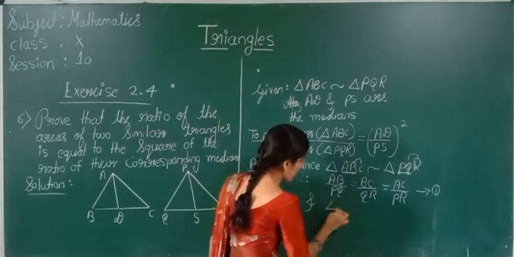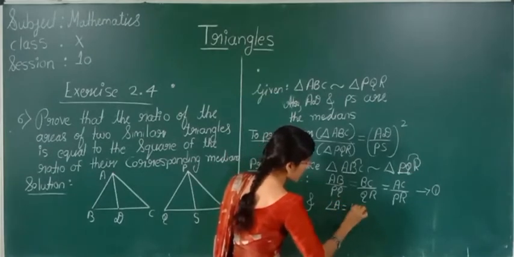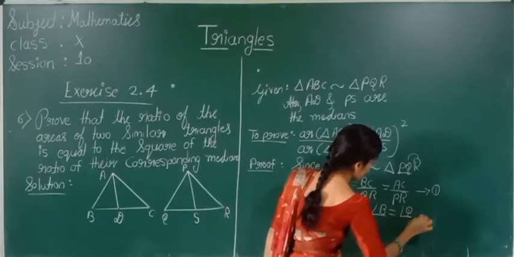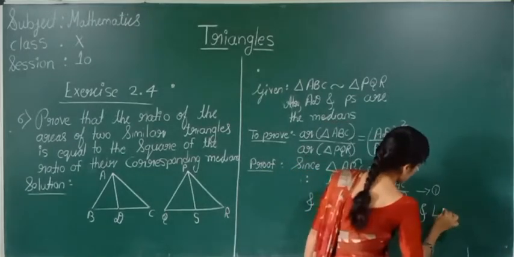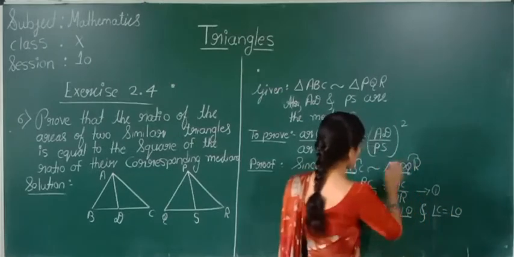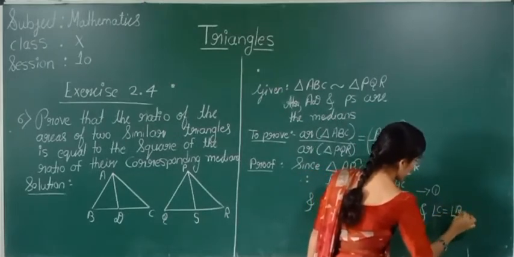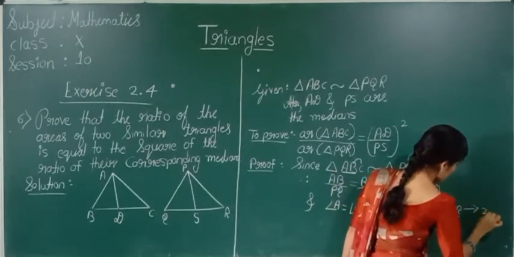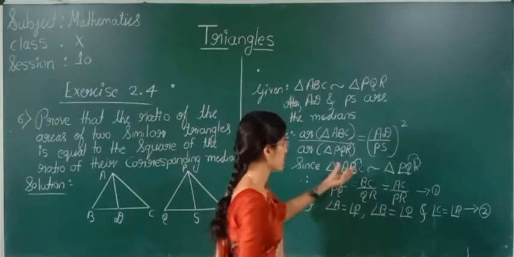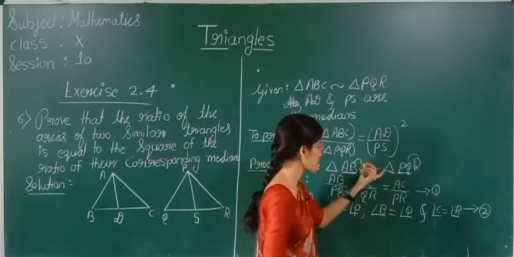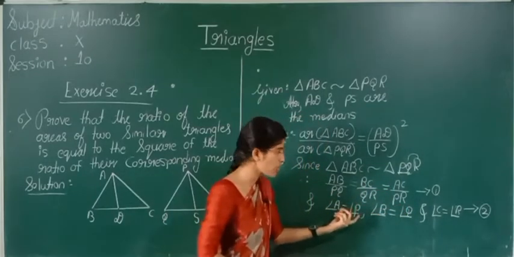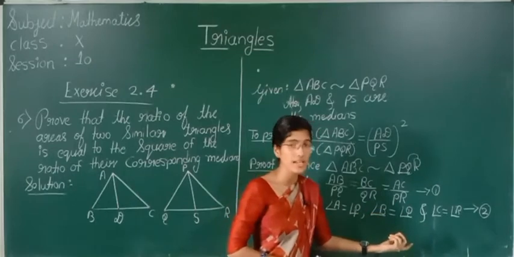That is, angle A is equal to angle P, angle B is equal to angle Q, and angle C is equal to angle R. This I am calling as equation number 2. Why did I take this? Two triangles are similar means definitely their corresponding sides are in the same ratio and corresponding angles are equal.